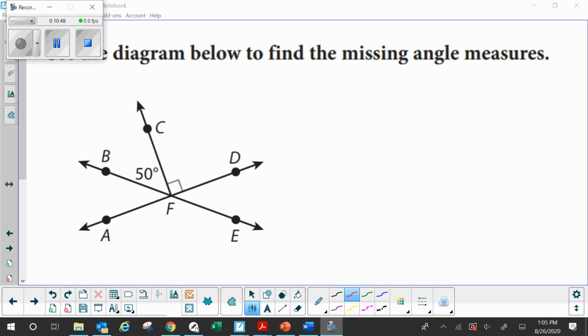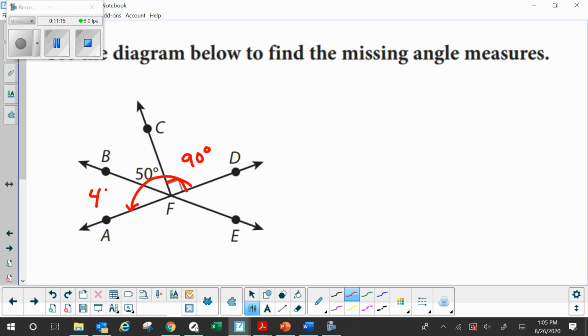How do you figure this one out? Well, what does this mean? That means this angle is 90 degrees. All of these together make 180 degrees. So we have 90 plus 50, that's 140, right?